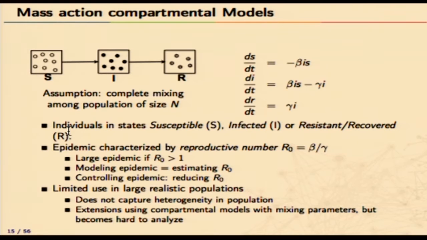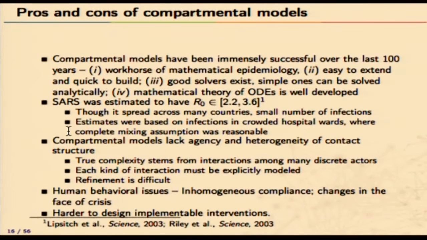Such models have been used extensively. They are one of the standard approaches that epidemiologists use. They are simple, so you can solve them and completely map out the dynamics, but there are problems. For SARS, it was initially estimated that R naught was pretty high, more than 2, based on crowded hospital wards where it was initially spreading.